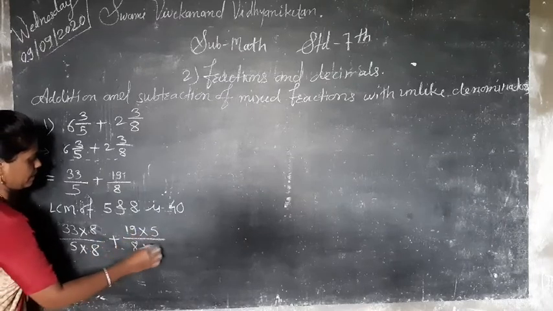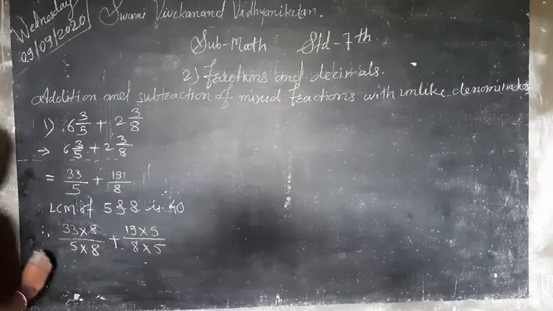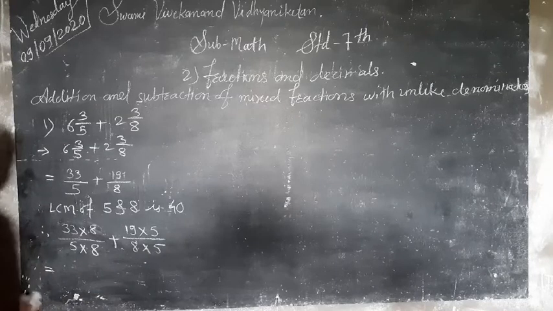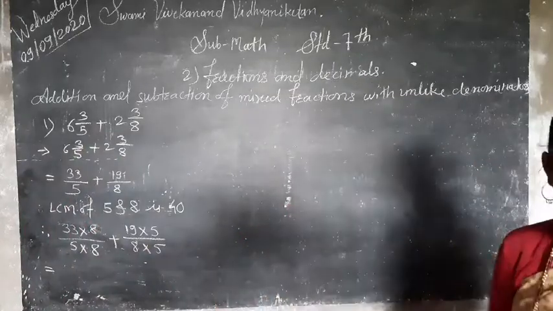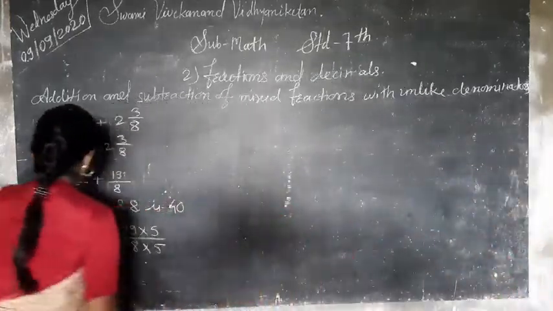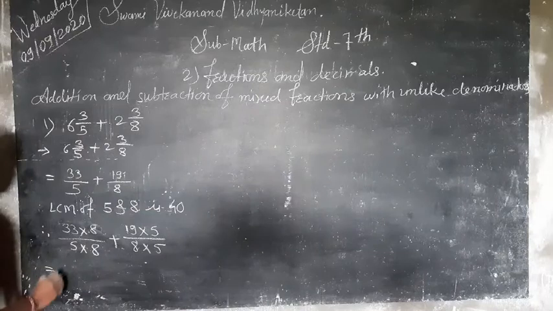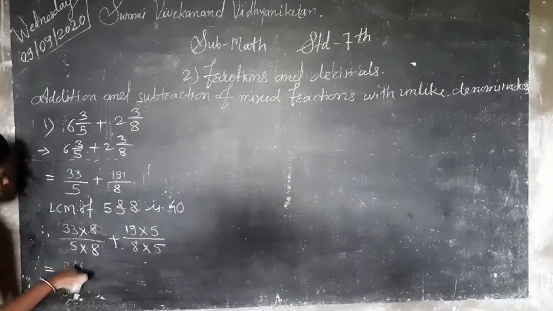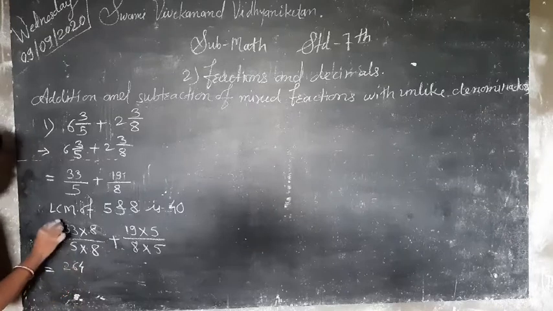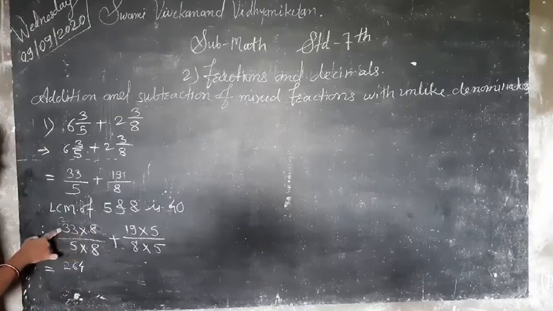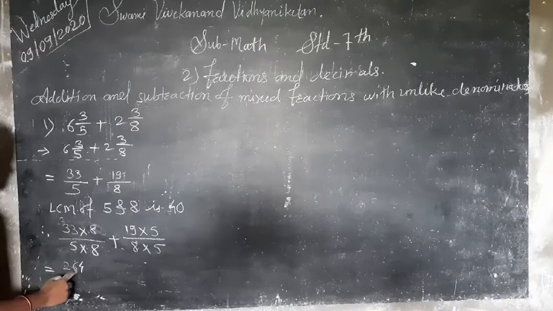So 33 multiplied by 8: 8 3s are 24, so 4 is here, 2 is carried. 8 3s are 24 plus 2, it's 26.